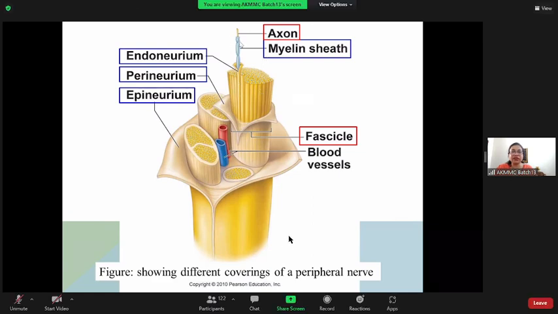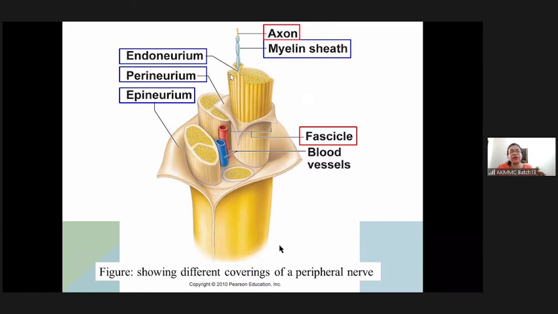This is the axon, this is the myelin sheath. Over this, there is another connective tissue covering, like a capsule around the axon with myelin sheath. This connective tissue covering is known as endoneurium. Okay.